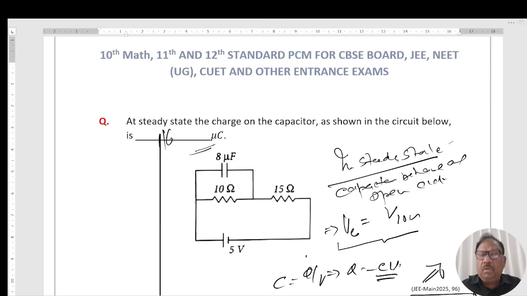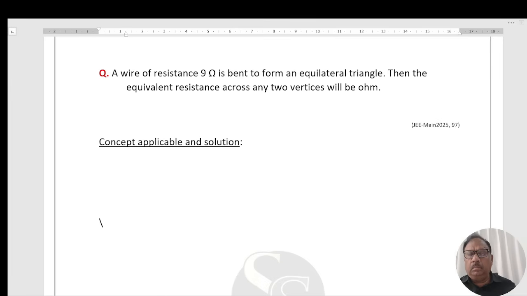Next question. The wire of resistance 9 ohm is bent in the form of an equilateral triangle. Then the equivalent resistance across any two vertices will be in ohm. Question is taken from JEE Main 2025.